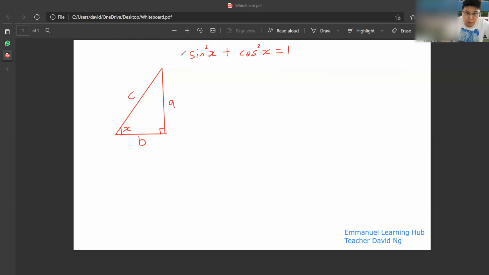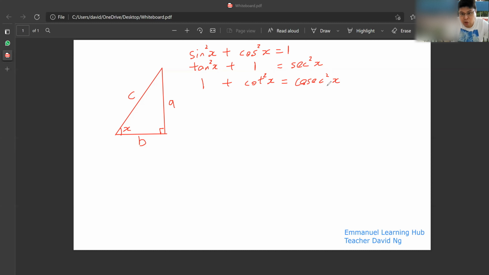The second formula I'm going to prove to you is tangent square x plus 1 is equal to secant square x. And the third formula is 1 plus cotangent square x is equal to cosecant square x. Then you'll be wondering, what is secant square x? What is cosecant square x?